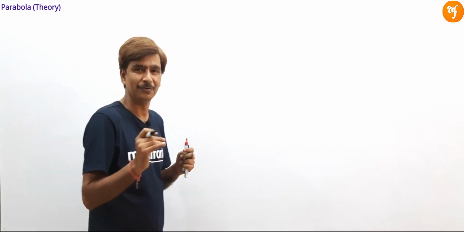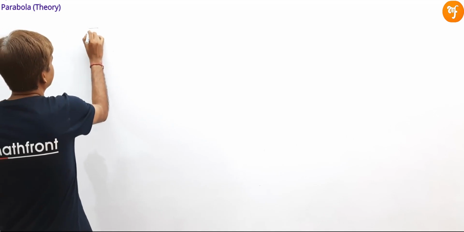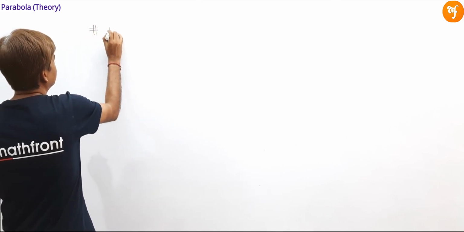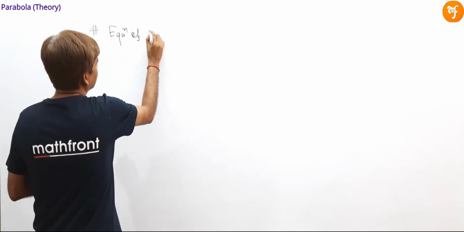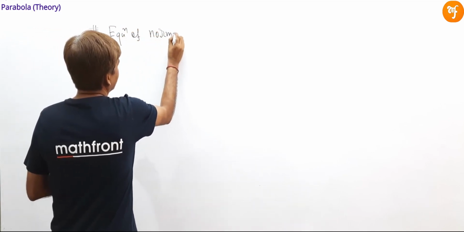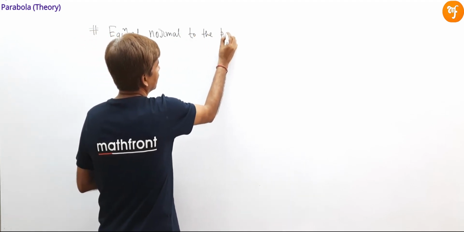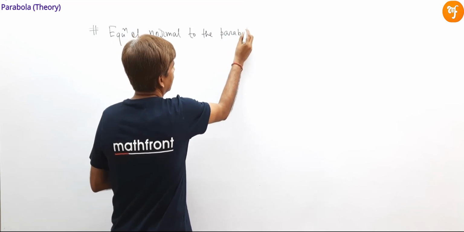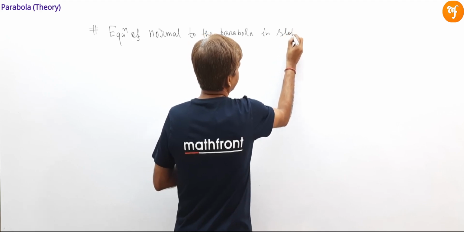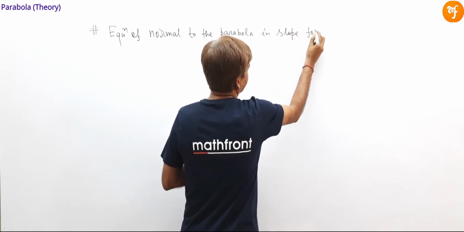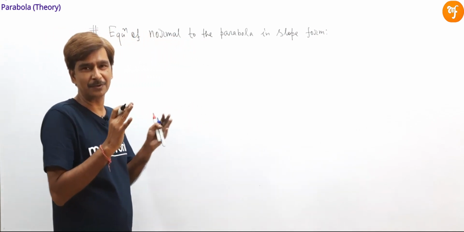Okay, so look, what is the slope form of the equation of the normal? Equation of the normal to the parabola in slope form.